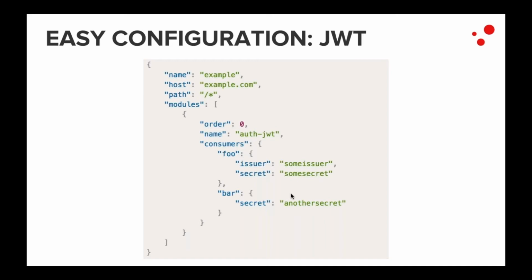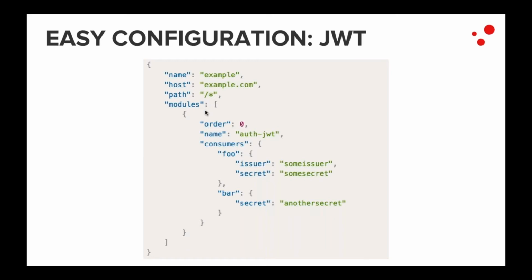That's the JSON Web Token module for the policy engine. And let's just have a look at it. We have the name of the endpoint, which is called example, the host of the endpoint, which is example.com, and the path the endpoint is reachable to, which is / wildcard. So basically / anything under the slash.